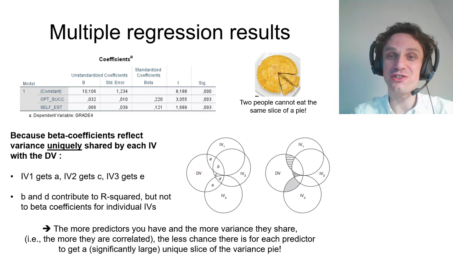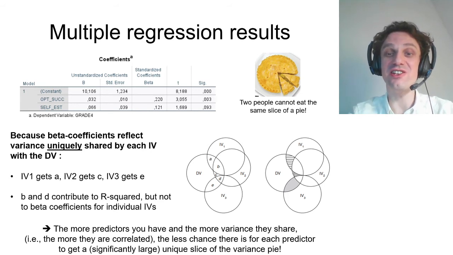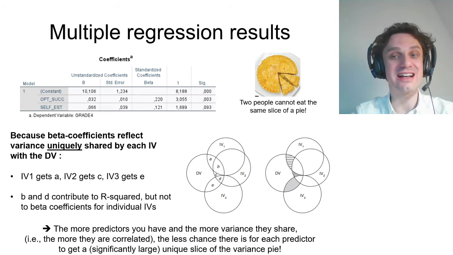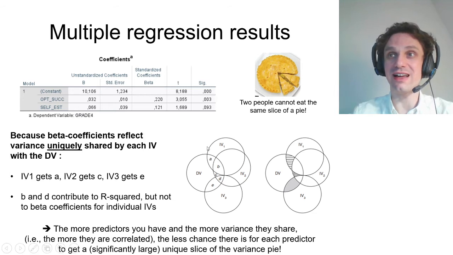However, when two predictors are entered into the model together, we are trying to separate the shared variance of the dependent variable into portions that are uniquely shared by each predictor and are not shared by any other predictors. So imagine that we have a dependent variable and 3 different predictors, IV1, IV2, and IV3.